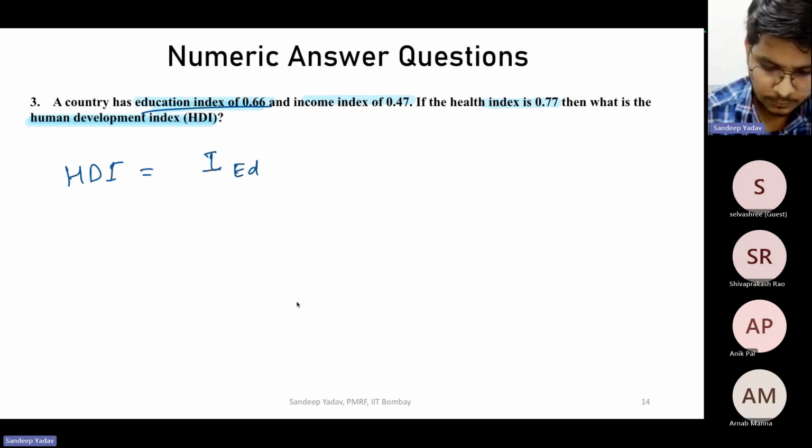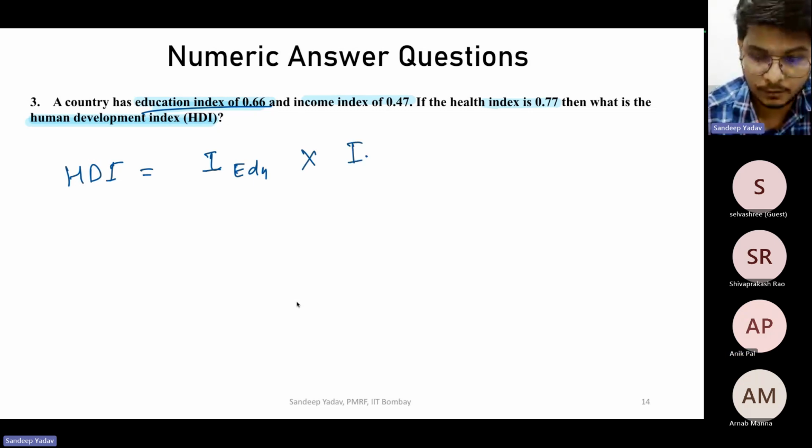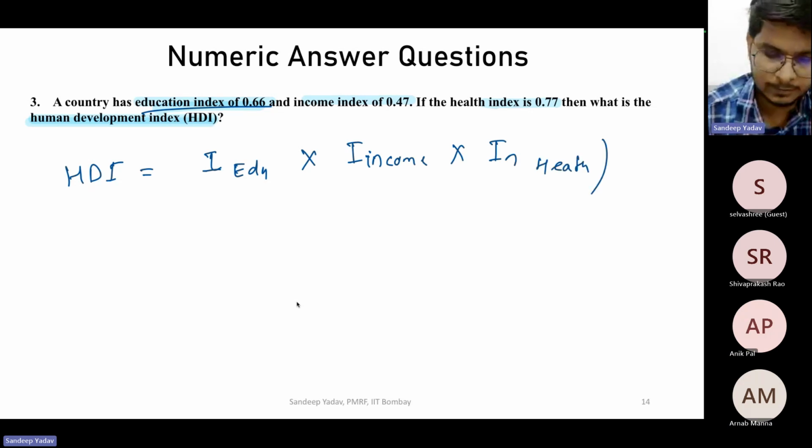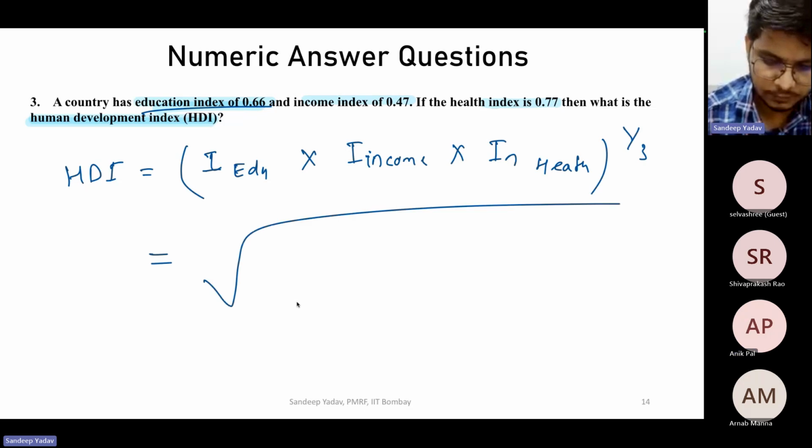HDI is the index of education multiplied by index of income multiplied by index of health, whole to the power 1 by 3, or you can write it in that way also.